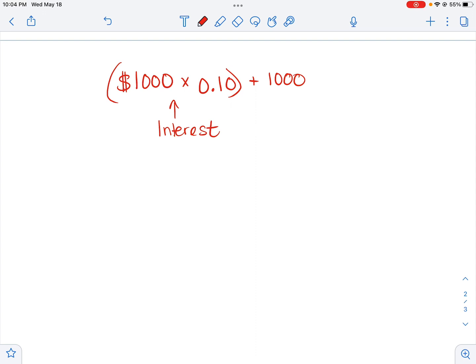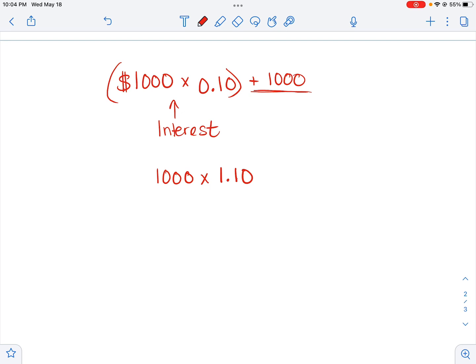So a way to tackle this, instead of adding the 1,000 back on, is instead of multiplying 1,000 by 0.10, we're going to take our principal amount and multiply it by 1.10. And what that does is it adds our principal back in.